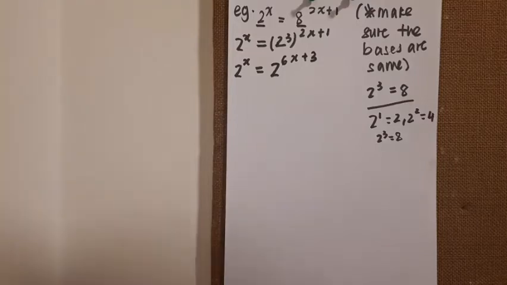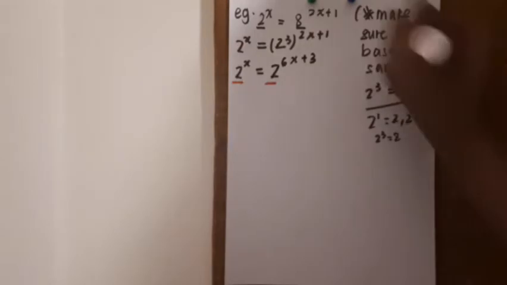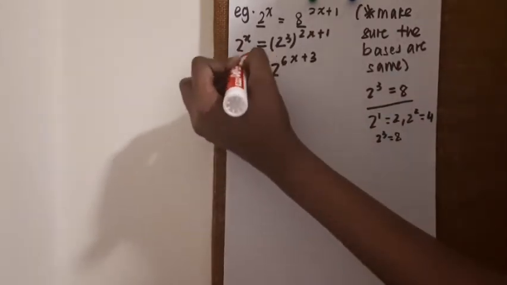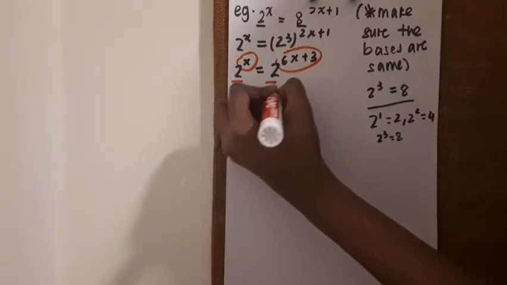Now there's another rule or tip that I want to teach you, which is that when you have the same base and you have the equal sign, you can equate the indices, or the powers, to be the same.